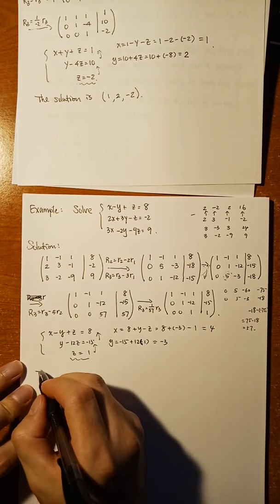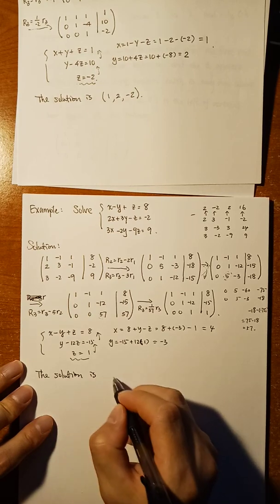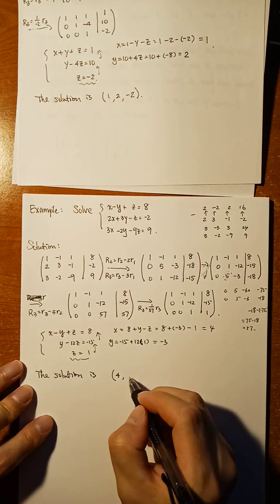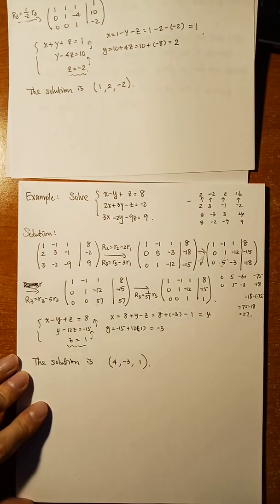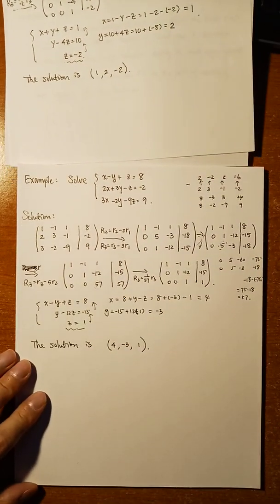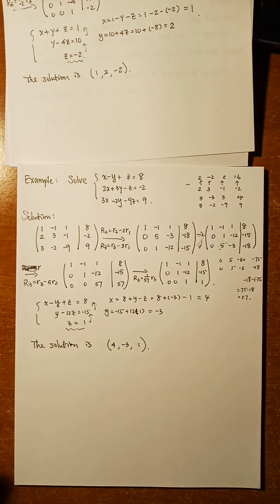So the solution is 4, negative 3, and 1. See it? So it's a very, very efficient method. All right.